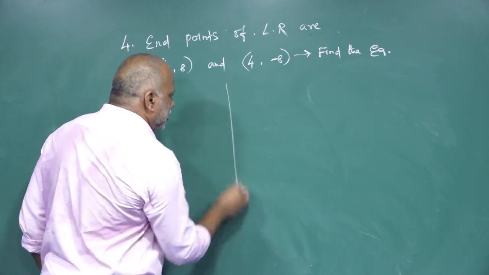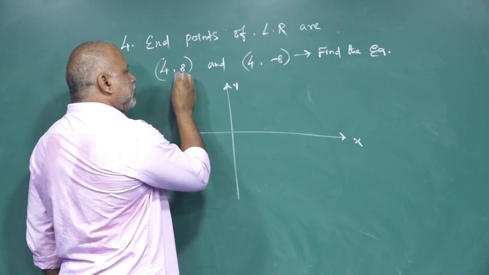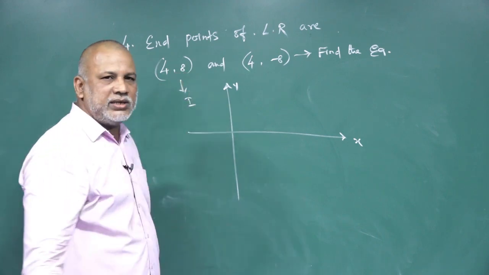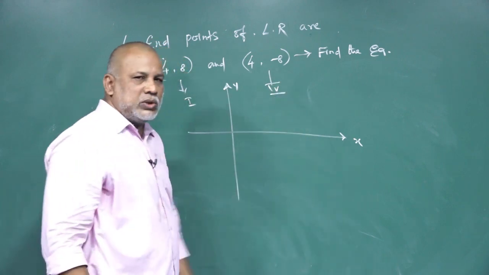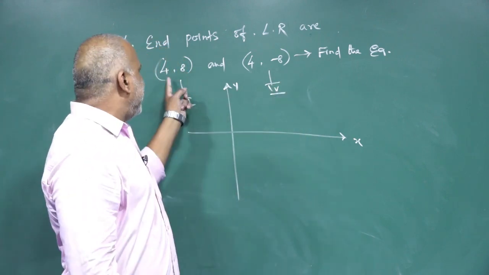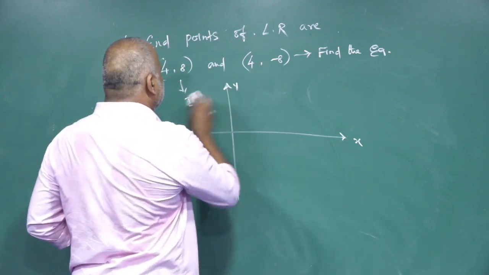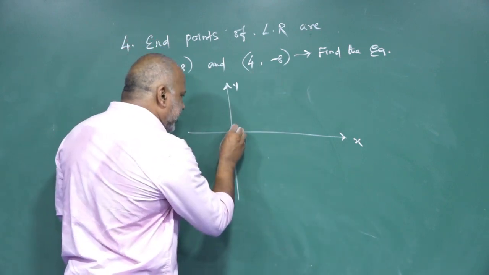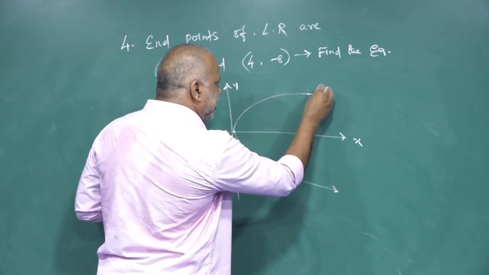See here, the given 2 points lie in which quadrant? This point belongs to the first quadrant, 4,8. Then 4,-8 belongs to the fourth quadrant. So there are 2 points given, lying in the first and fourth quadrant. See this concept. This is the type number 1 parabola, we already explained.